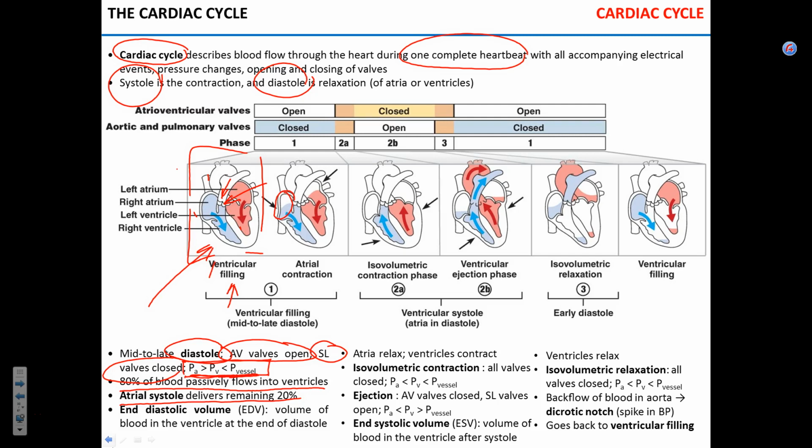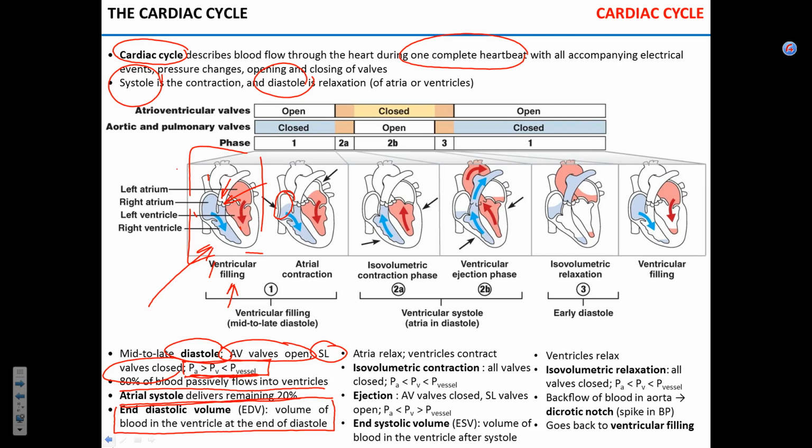Now, I'm going to introduce a very important concept that we're going to be using a lot, and I'm going to be asking you about this concept a lot. It's end diastolic volume. As you can guess from the name, it's the amount of blood in the ventricle at the end of diastole. Are we clear?